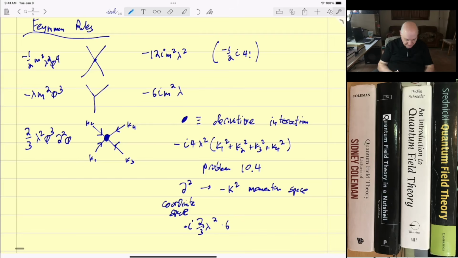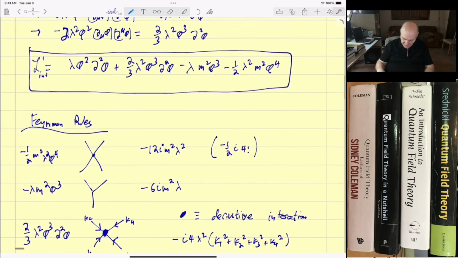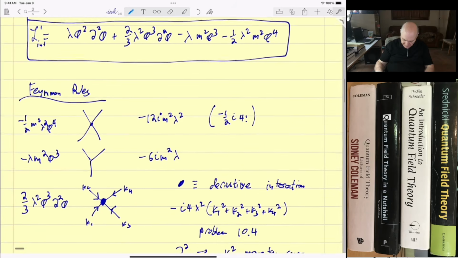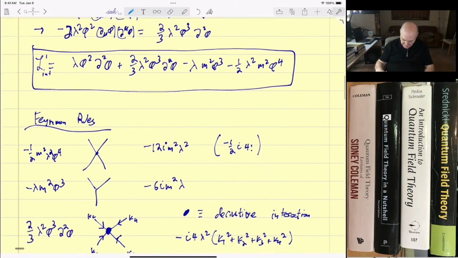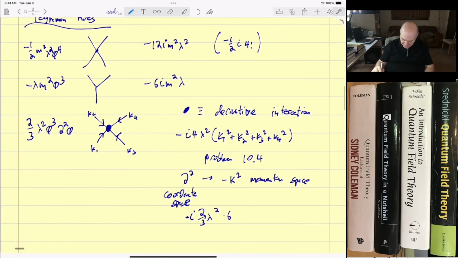When you derive this, the k squareds give you a negative. In momentum space, we get a minus k squared. So that gives me a minus sign in front of all that.